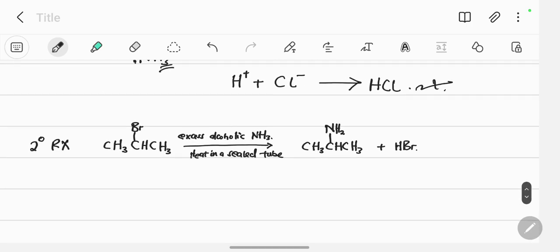So the mechanism is nucleophilic substitution. But it's unimolecular. Why?